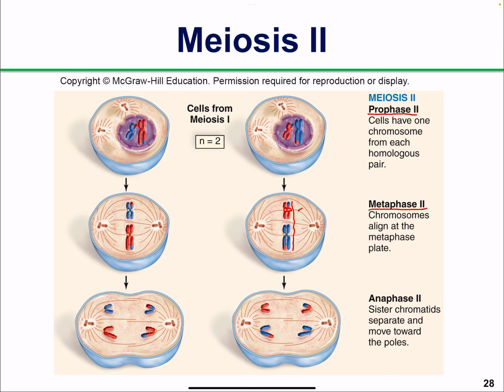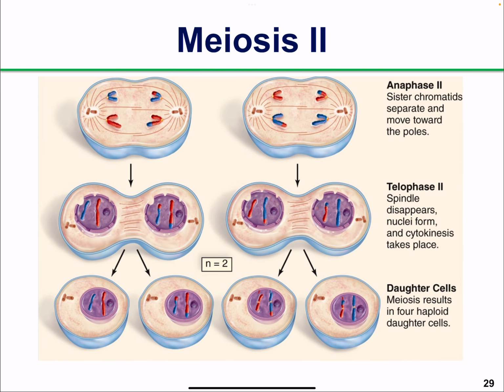In anaphase 2, the sister chromatids are now parting away from each other, and they keep parting away. In telophase 2, we have cleavage furrows that develop, and cytokinesis is also happening at the same time. And eventually, we have 4 haploid cells, all genetically different from one another.